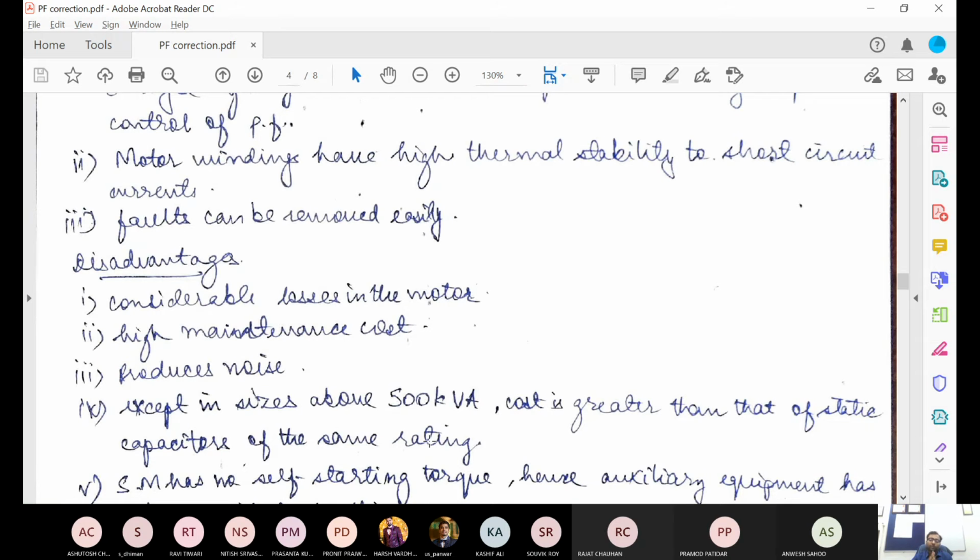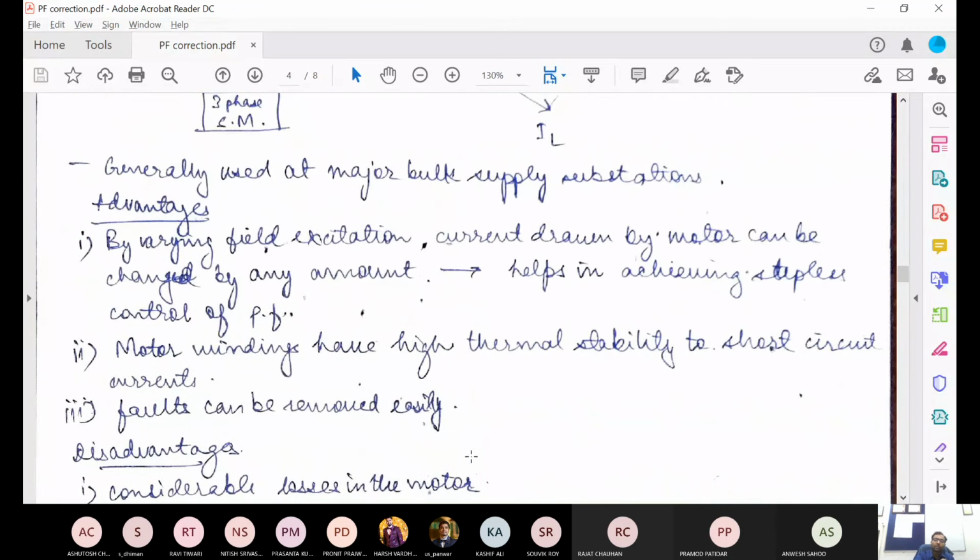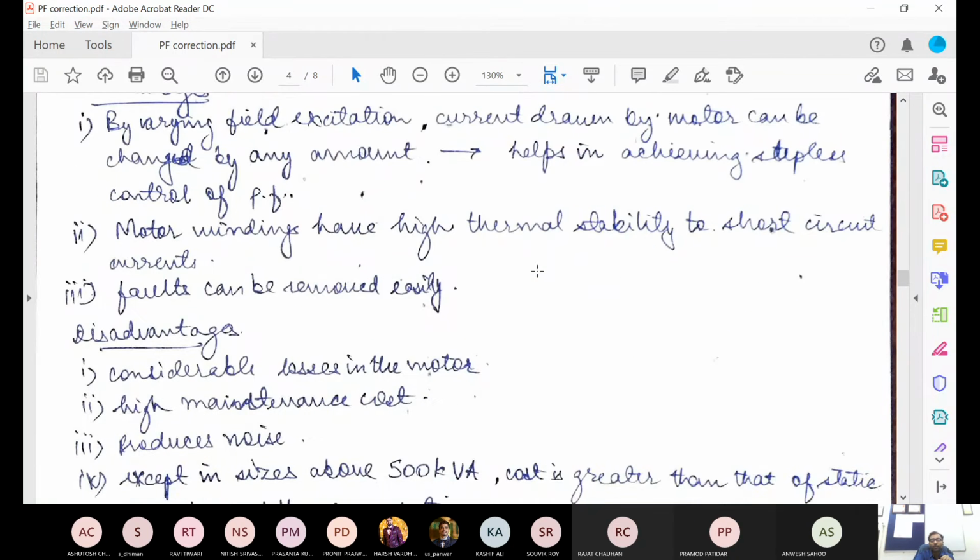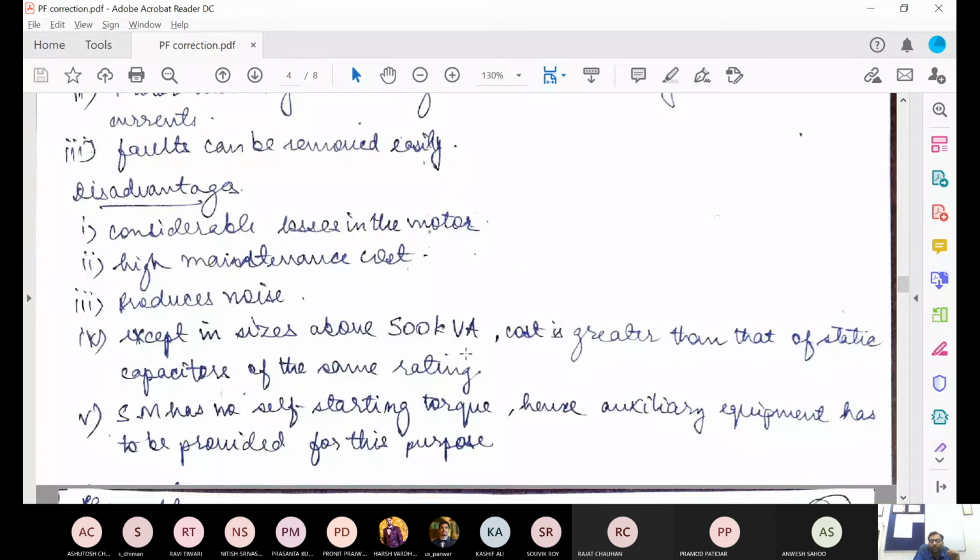But for sizes above 500 kVA, this is more economical. That's why it says, except in sizes above this, the cost of synchronous condensers is higher. So they will be used only for large installations, the major bulk supply substations. If you have a large generating station or a large transmission substation, only in those places, in sizes above 500 kVA, this might be economical.